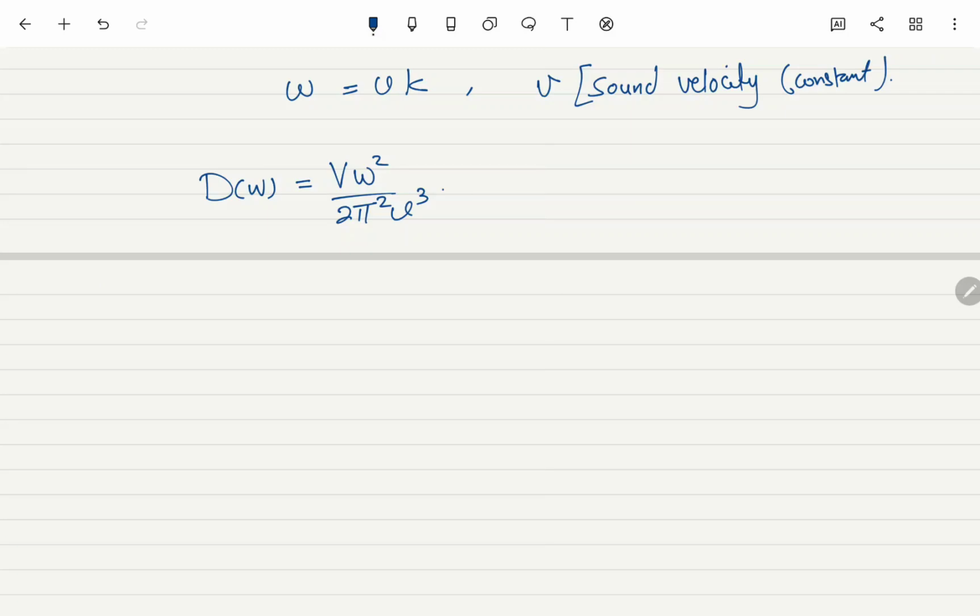Assuming that we have N primitive cells in the specimen, the total number of acoustic phonon modes is N. Now, by using the definition of N here, it's equal to L over 2 pi cubed times 4 pi over 3 k cubed. Now, remember, L cubed is actually the volume.